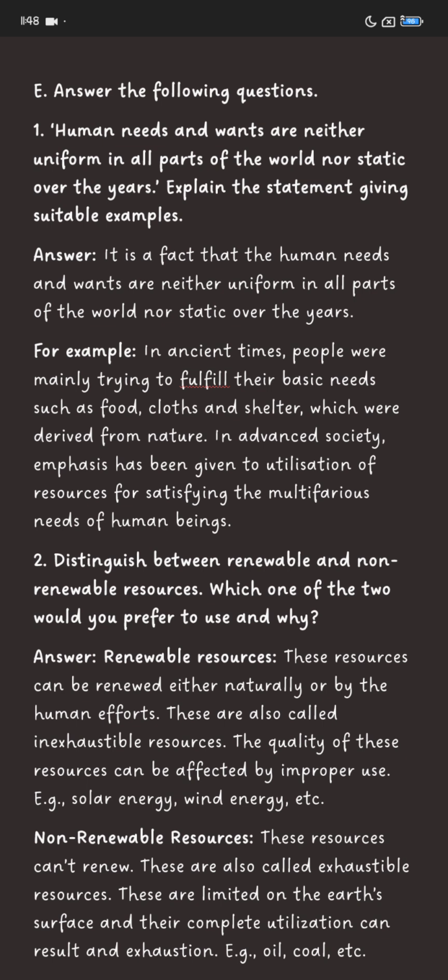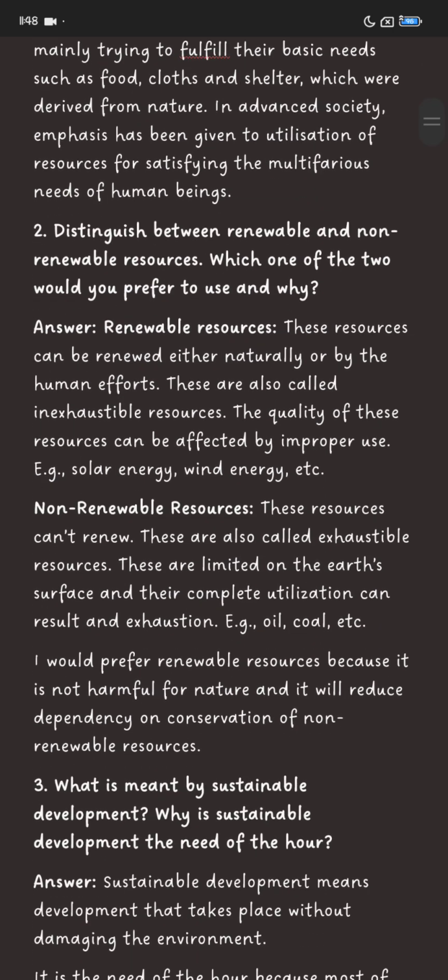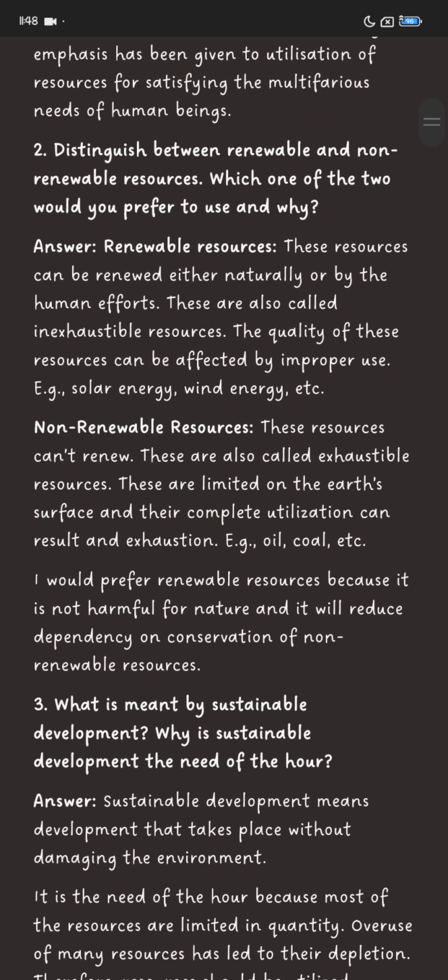Number 2. Distinguish between renewable and non-renewable resources. Which one of the two would you prefer to use and why? Renewable resources. These resources can be renewed either naturally or by human efforts. These are also called inexhaustible resources. The quality of these resources can be affected by improper use. For example, solar energy, wind energy, etc. Non-renewable resources. These resources can't be renewed.